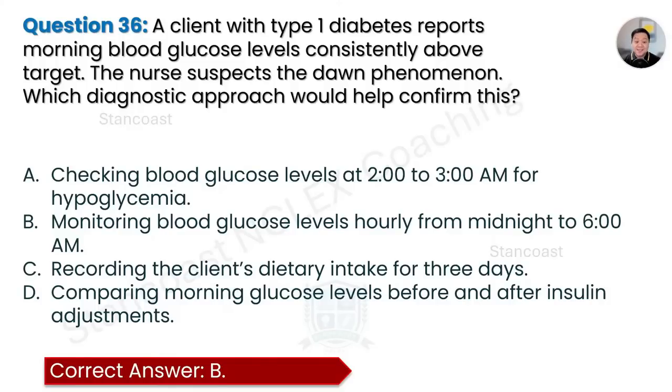For C, it is another incorrect option because recording dietary intake is important for the overall management of diabetes, but it does not directly help differentiate between the dawn phenomenon and other causes of morning hyperglycemia. Letter D, another incorrect option. Comparing the morning glucose levels before and after insulin adjustments will help assess insulin therapy effectiveness, but does not directly confirm the dawn phenomenon.